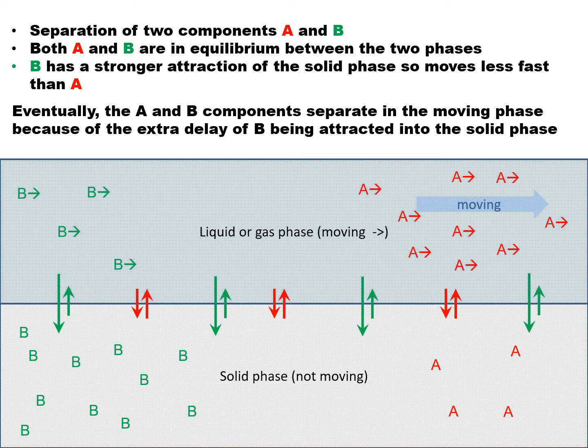So from the picture we can tell that A is going faster than B because A has similar polarity, or near polarity, towards the mobile phase than the stationary phase.